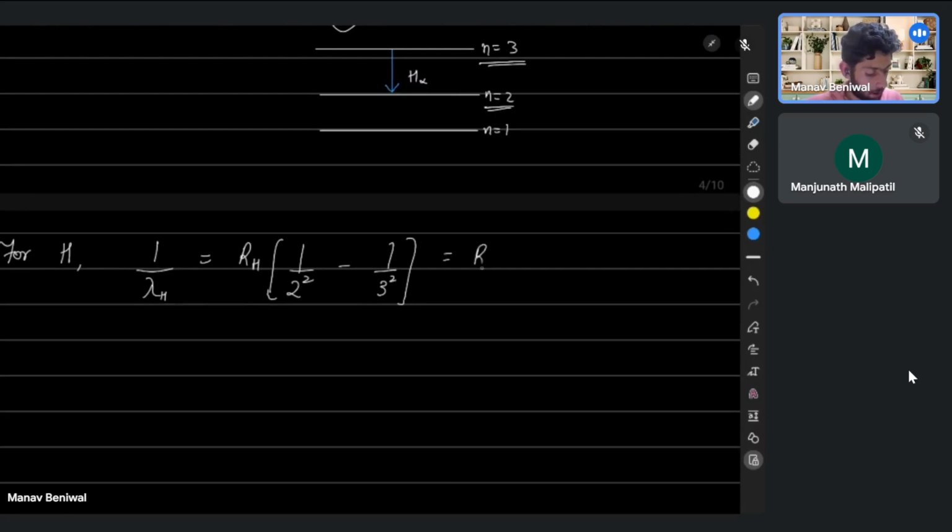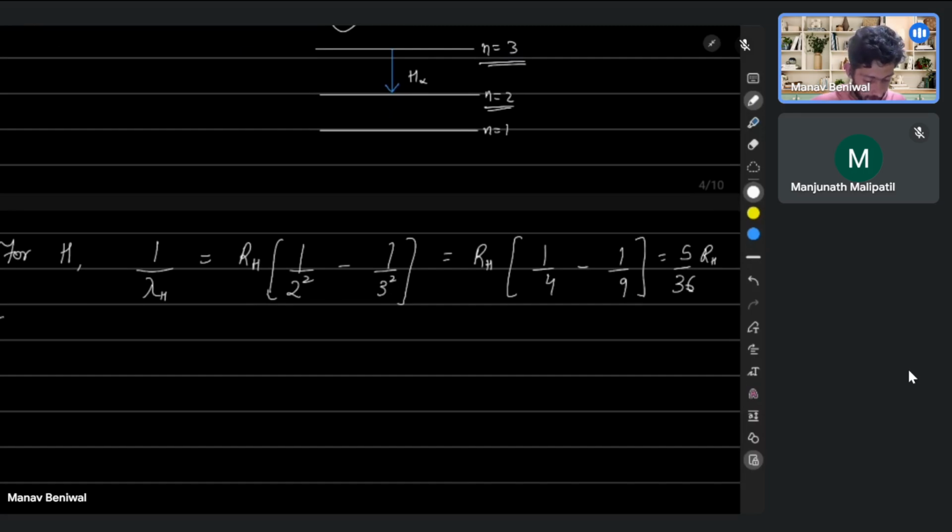So this is simply RH times (1 over 4 minus 1 over 9), which is just 5 by 36 RH.